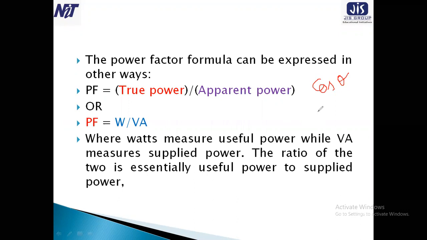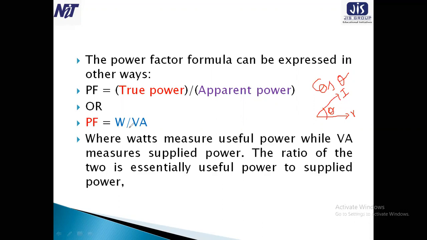So cos phi is basically the cosine of the angle between the voltage and current. Sometimes it is also called the power factor. This is one of the definitions of power factor, the cosine of the angle between the voltage and current.